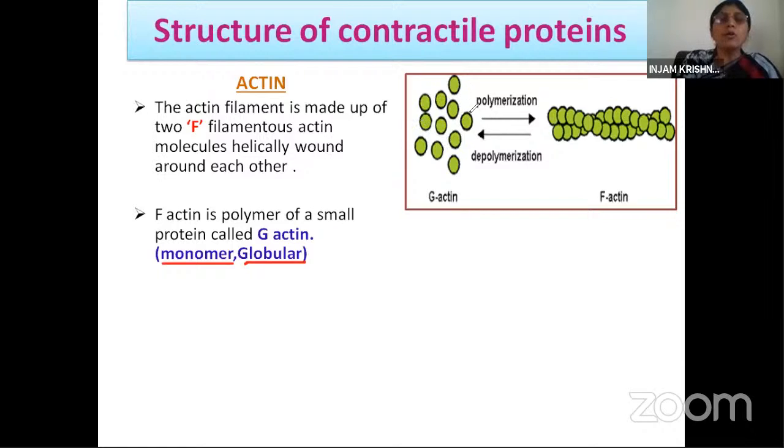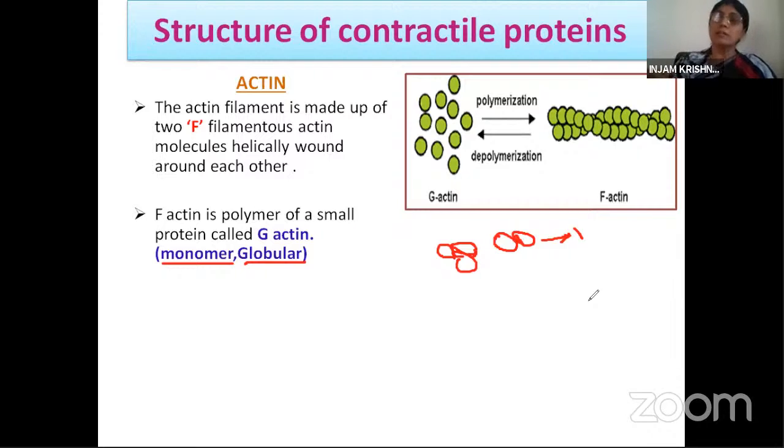These globular monomers polymerize and form the filament. What is polymerization? If you take only two monomers, together they form a dimer. In the same manner, three together form a trimer.